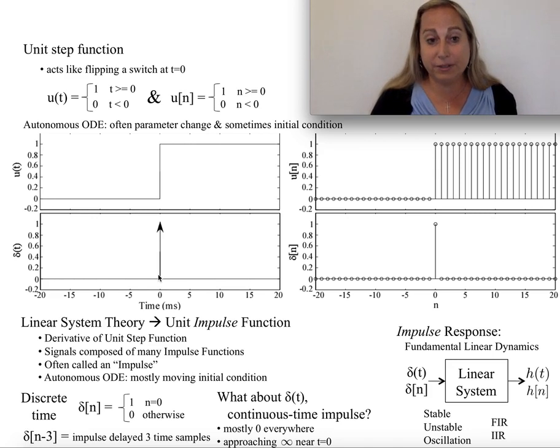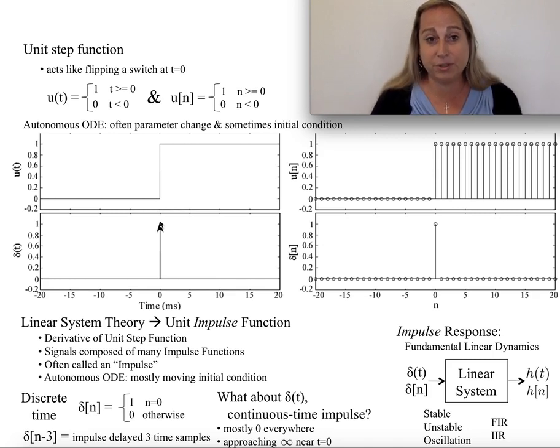This is often called an impulse, particularly because in the continuous time case it looks like an incredibly steep thing that creates a jump. What it actually does practically in a typical differential equation is look like I kept everything the same and just moved the initial condition, typically.